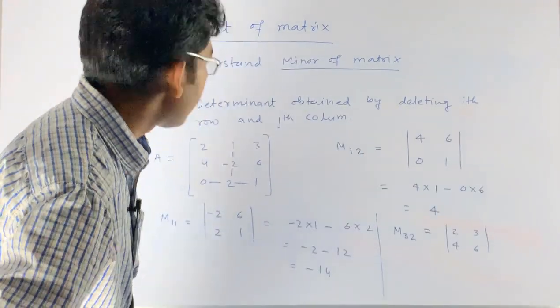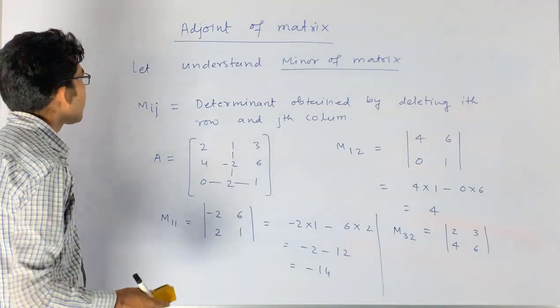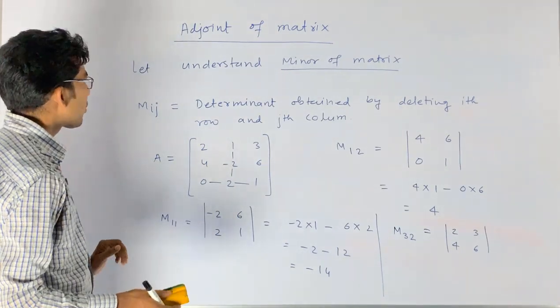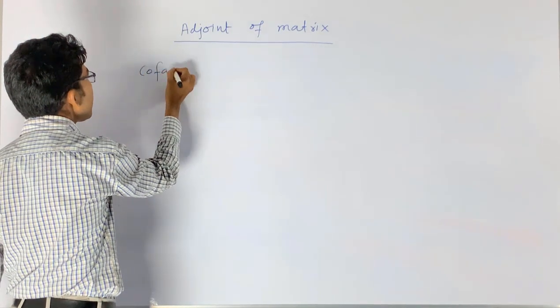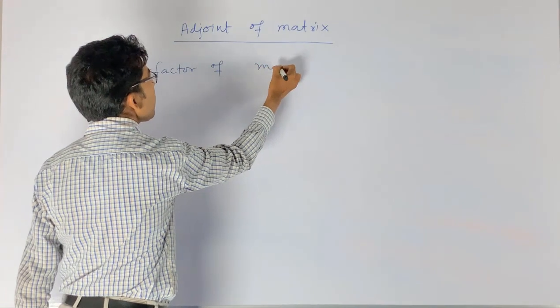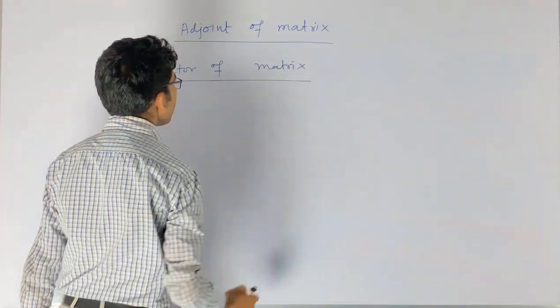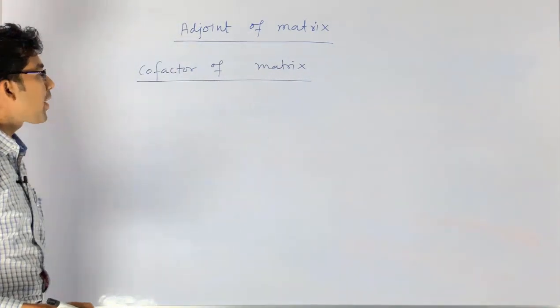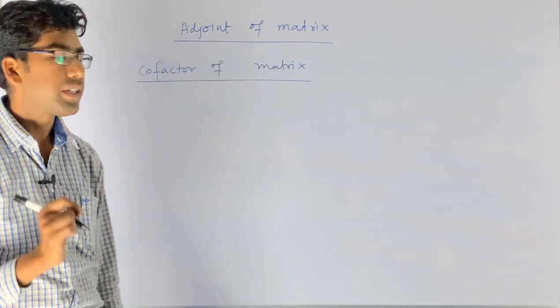Now we will move to the next concept, that is cofactor of the matrix. For defining cofactor of a matrix, we will use the concept of minor.